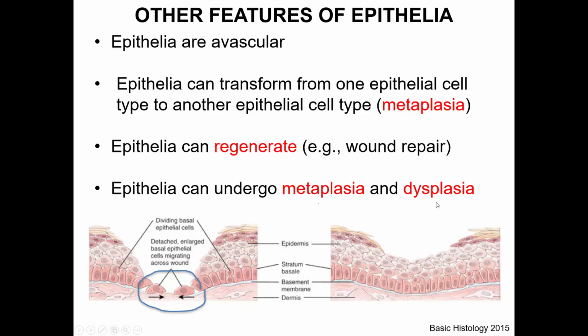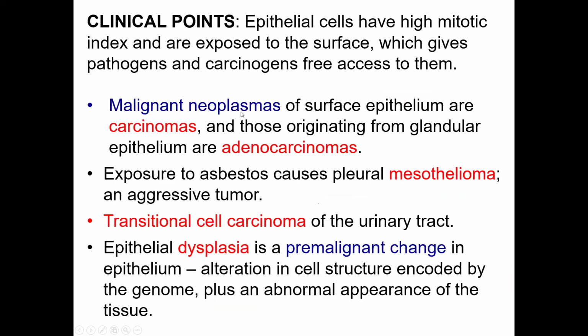Dysplasia is a malignant change, and it involves not only a change in the shape of the cells, it also involves a genetic mutation. Once there is a wound in this epithelia, the cells reproduce very fast and seal the epithelial lining.